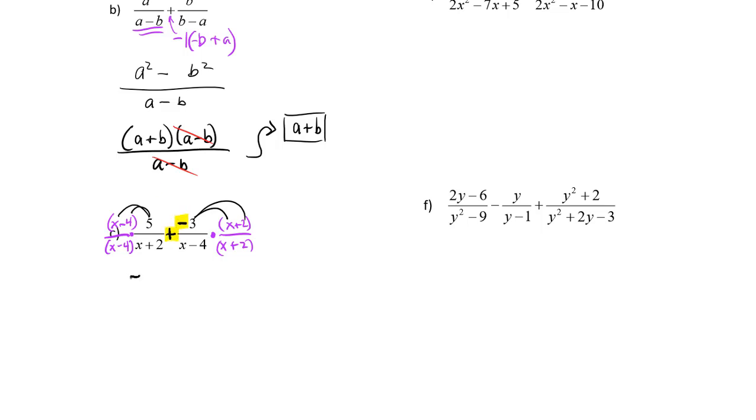So I have 5 times x minus 20 minus 3x minus 6 all over x plus 2 times x minus 4.